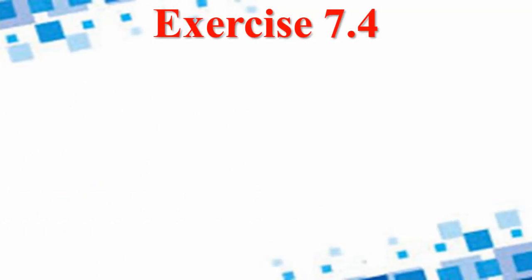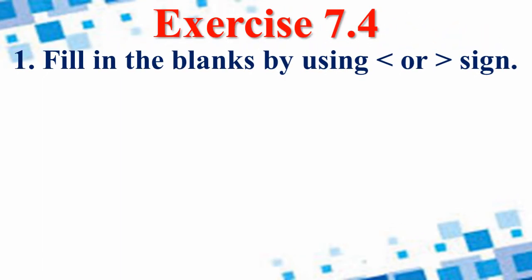Next, exercise problem. Exercise number 7.4. The first sum: fill in the blanks by using a greater than or less than sign. So the first problem, 3 by 7 and 5 by 7.